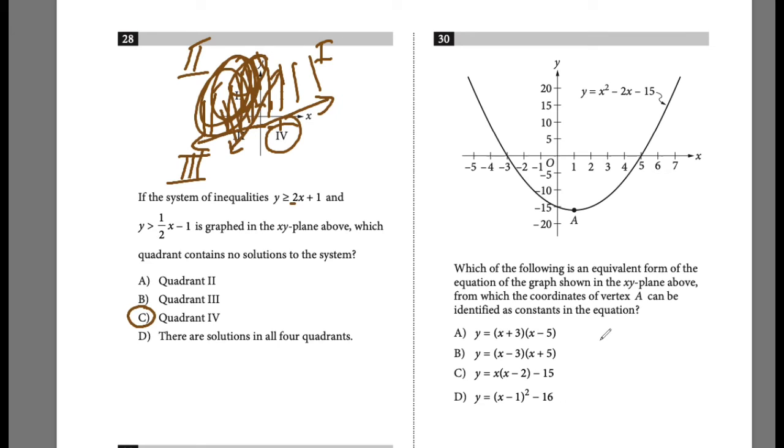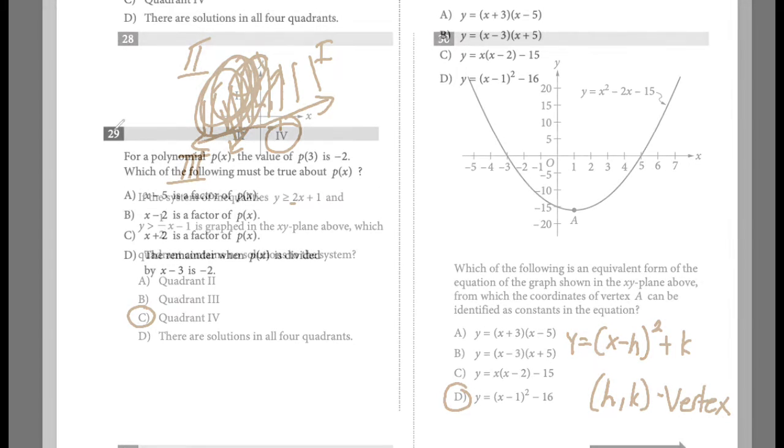And the form is going to be x minus h squared plus k, where h comma k is our vertex. And based off the answer choices, the only equation that looks similar to what I wrote here is going to be answer choice D.